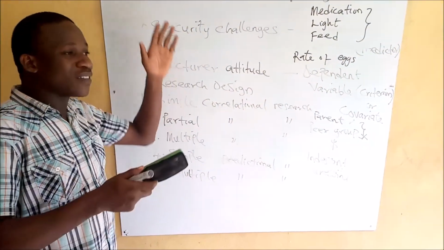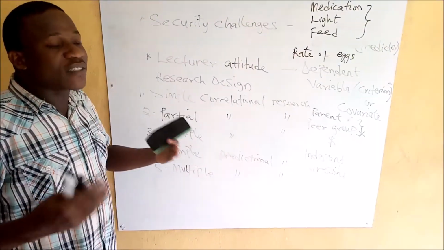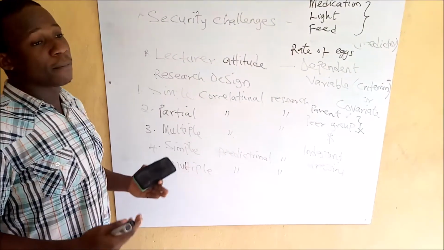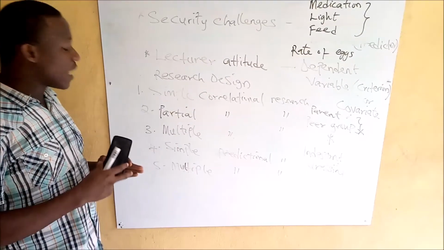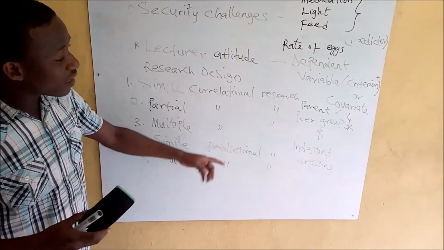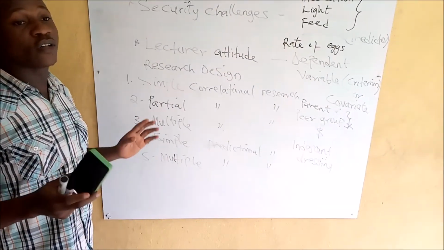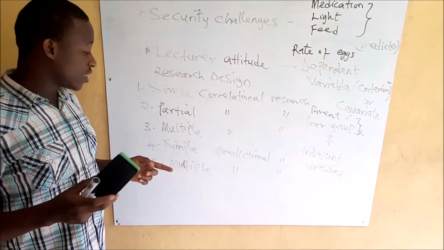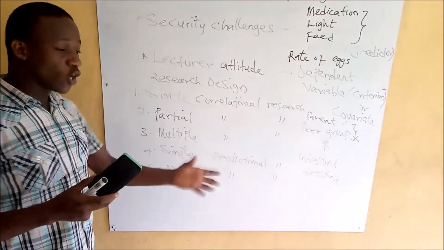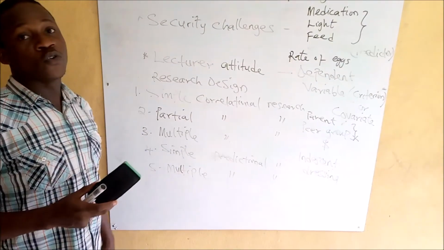You now check how these variables will predict the health status of such an individual. So what you do is adopt a research design called multiple predictional research design. It will give you the result of such research, and then you adopt a research statistic called multiple regression.